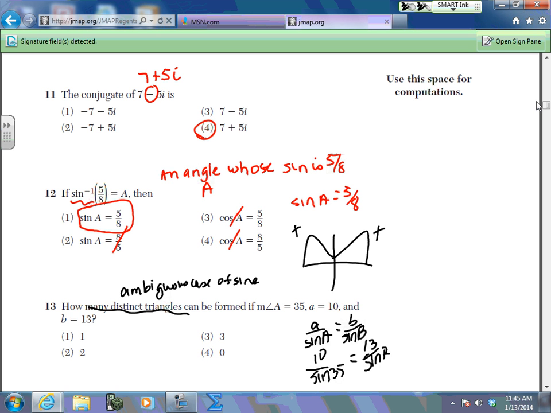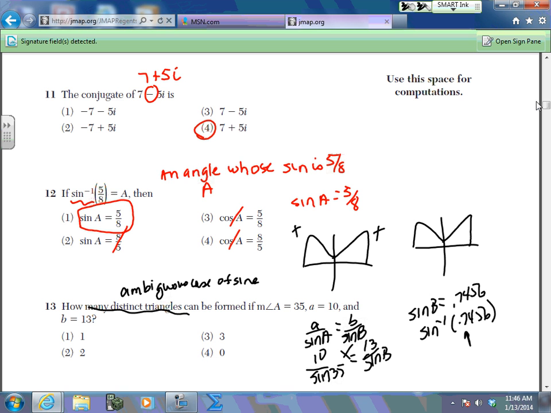Remember, when you cross multiply, you're actually finding the sine of B. Your angle could exist in quadrant 1 or 2. So take its inverse, and find an angle whose sine is this.